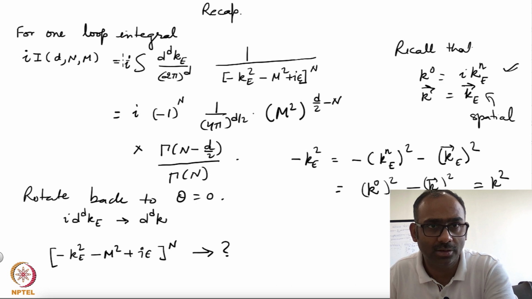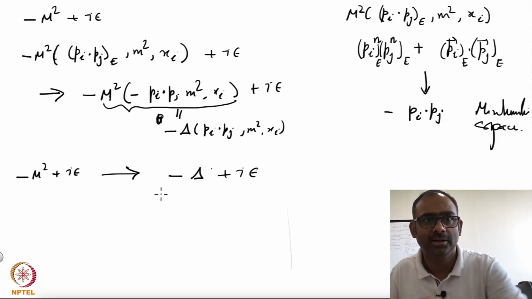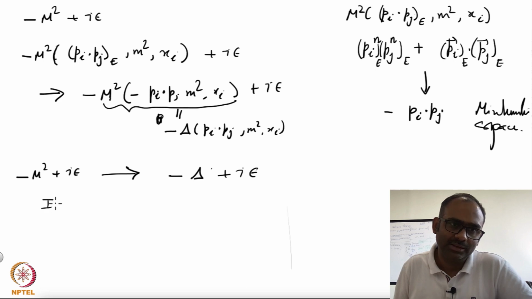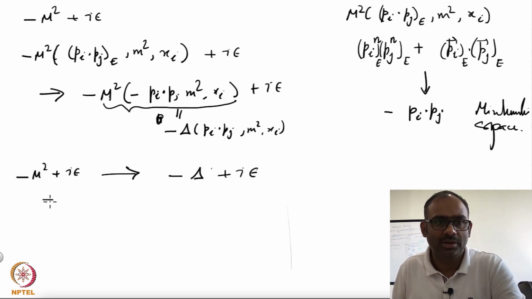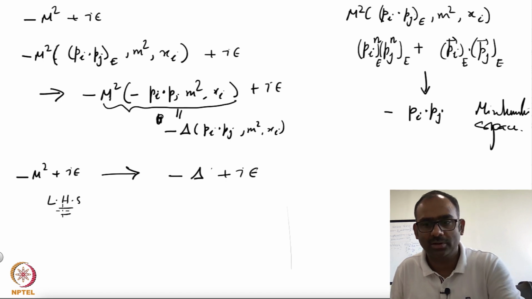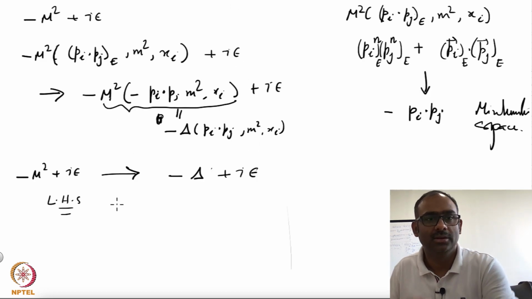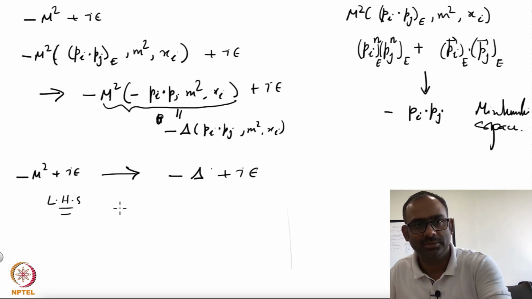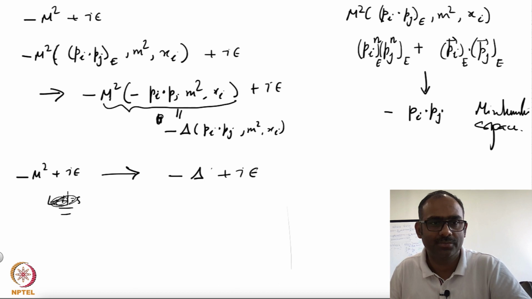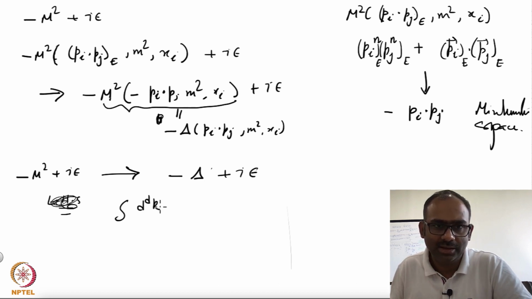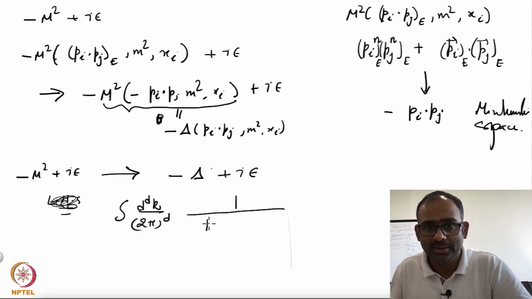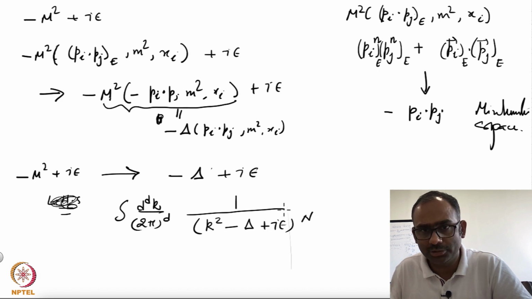So, this I will be gone because I d^dk goes to d^dk. So, you get the integral on the left hand side, and this result I am calling the right hand side. So, you get the integral d^dk over 2 pi to the d, 1 over k square minus delta plus I epsilon to the n. This is after continuing that integral.